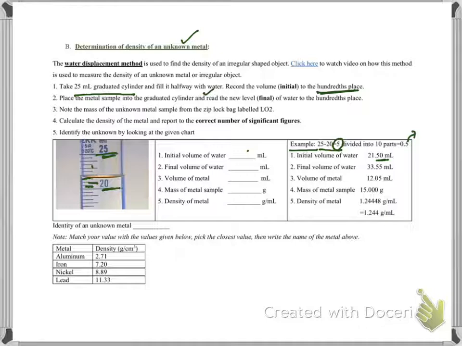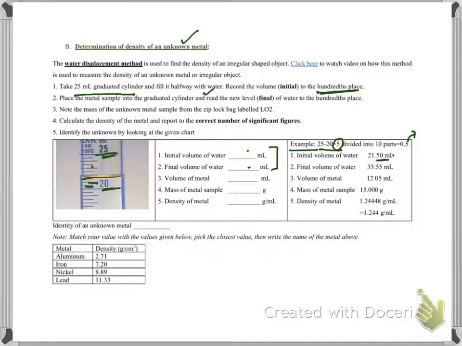Then you will put your metal sample, you are given a bolt, into the graduated cylinder, and of course, the level of the water will rise and you will write down the final volume of water here. And then how do you calculate volume of the metal? By subtracting these two numbers. So here are my numbers, and again these are the numbers I made up.